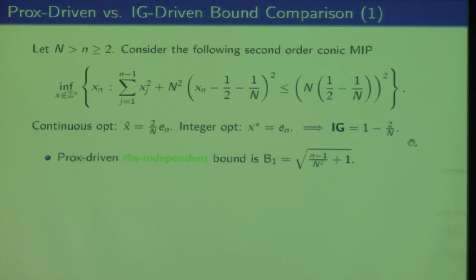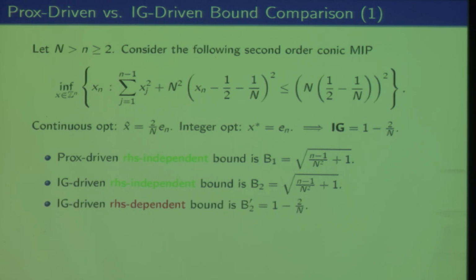If you use the first approach, which gives you a right-hand side independent bound only, it gives you something like this. As you can see, as n goes to infinity, it converges, but it depends on how fast it does that. For the second approach, if you look at the right-hand side independent bound, they are actually the same. So in one of the regimes, they turn out to be the same for this particular example.